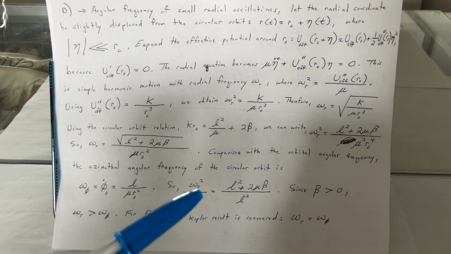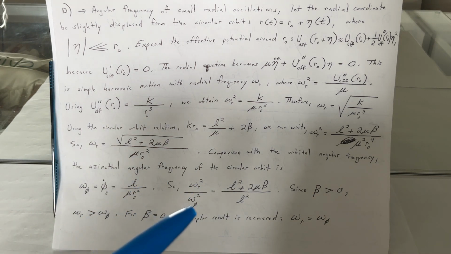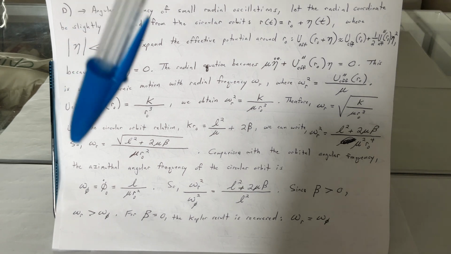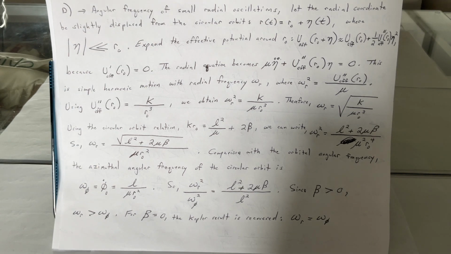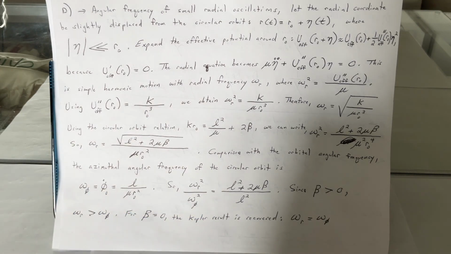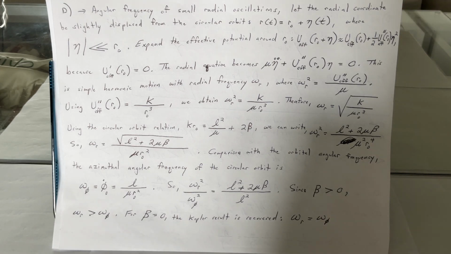So omega sub r squared over omega sub phi squared equals L squared plus 2 mu beta over L squared. And since beta is greater than 0, omega sub r is greater than omega sub phi. For beta equals 0, the Kepler result is recovered, and omega sub r equals omega sub phi.